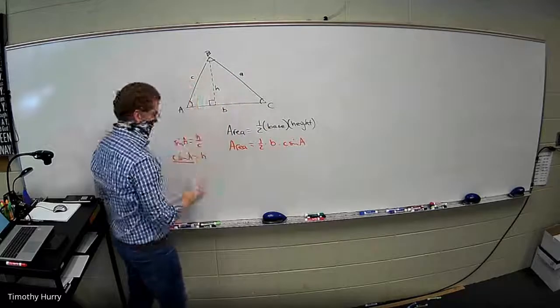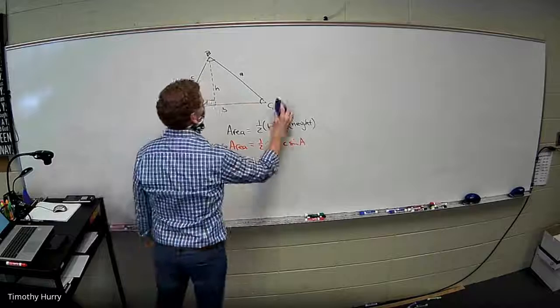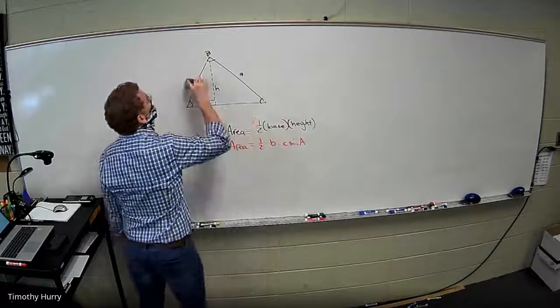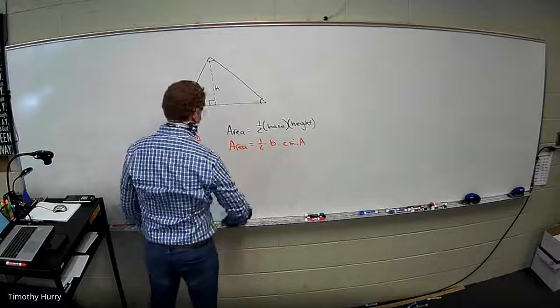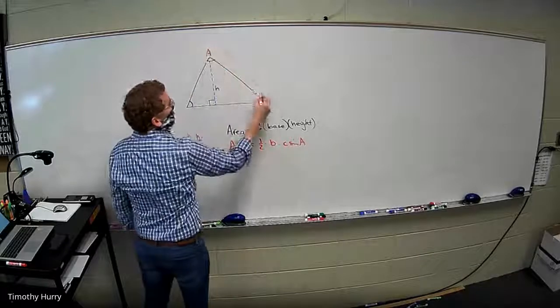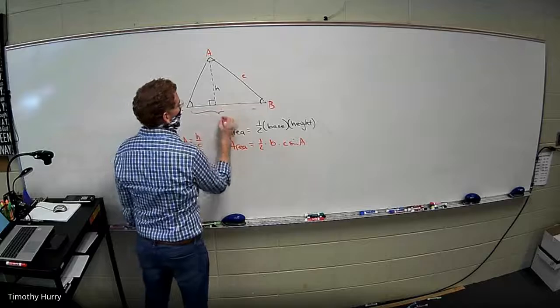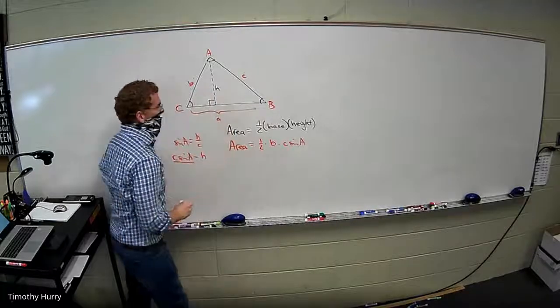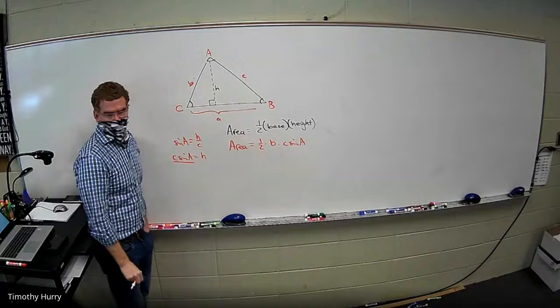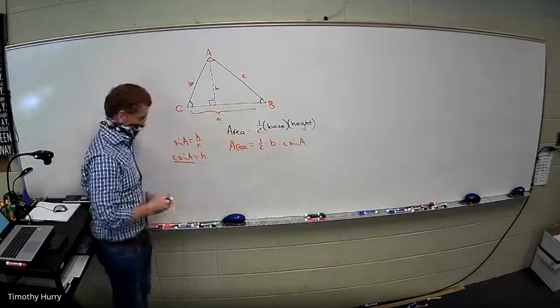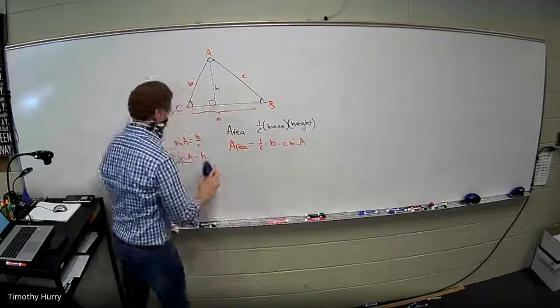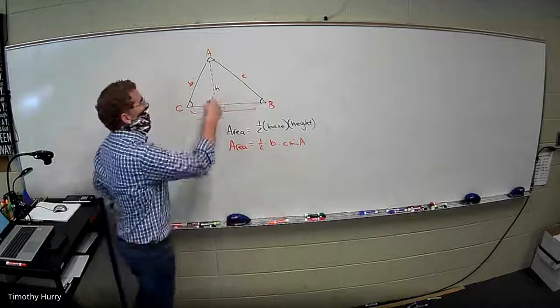Now, what do you think happens if instead of labeling this A, B, C like this, what if instead I labeled it top A, bottom B, C, C, bottom A, B? Now what do you have? Now how do I find the height?